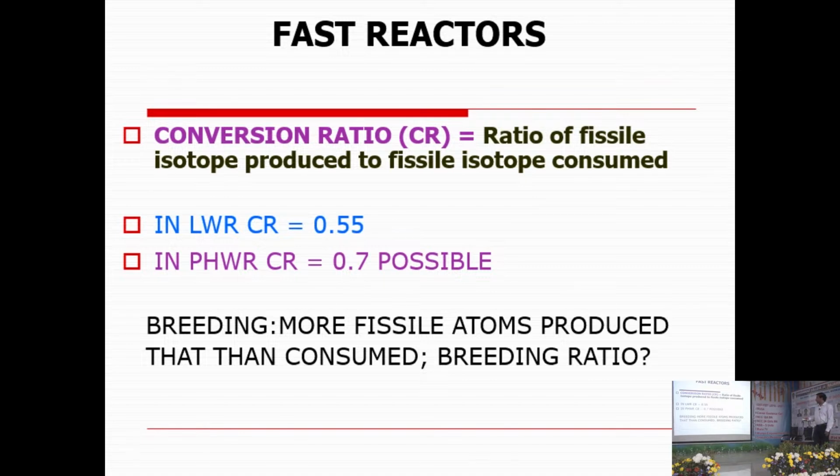If the conversion ratio is less than 1, that means it is not a breeder. We are consuming more. The conversion ratio is 0.55 in the case of light water reactors. In the case of PHWR, the conversion ratio is around 0.7. If breeding is required, the conversion ratio should be more. The fuel that we consume, we generate more than that. The conversion ratio should be more than 1. That is only possible in the case of fast reactors.